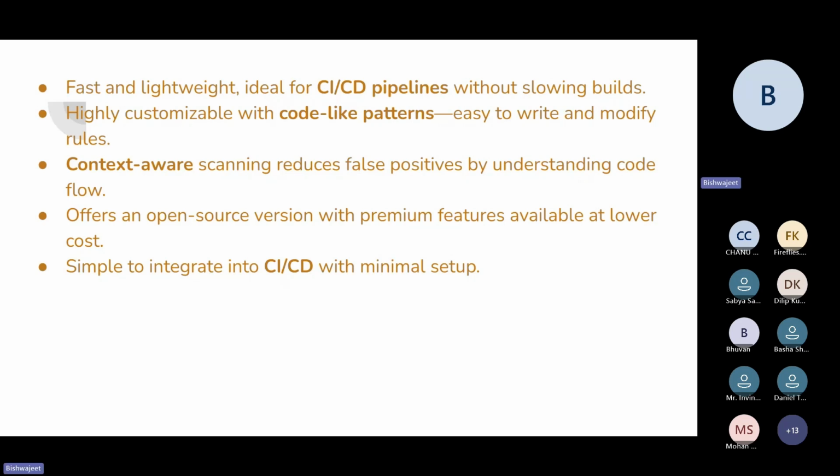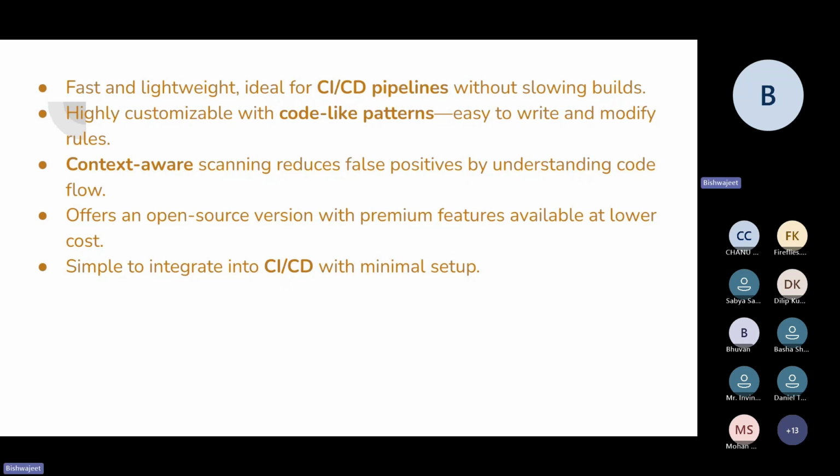So there are a lot of false positives when you run it. You'll find a lot of false positives, and then you have to manually check whether each is a false positive or an actual vulnerability. That increases the time to review the code.